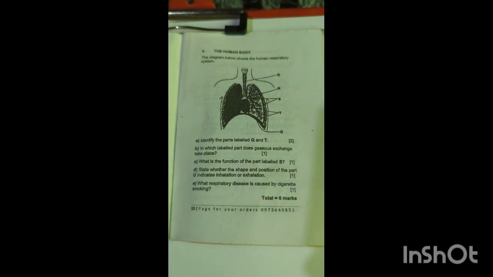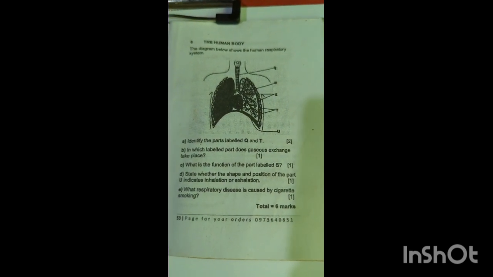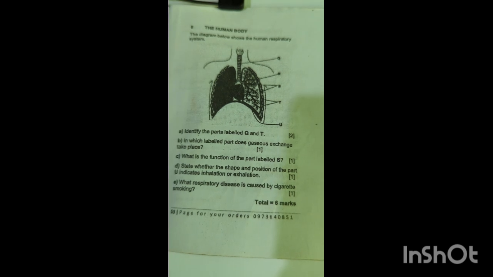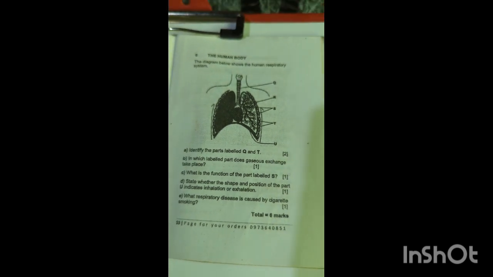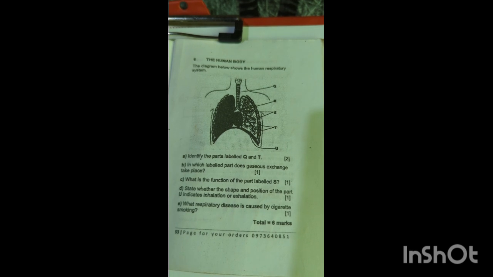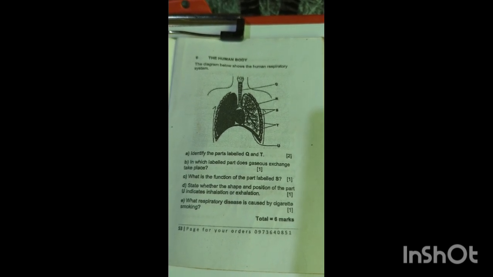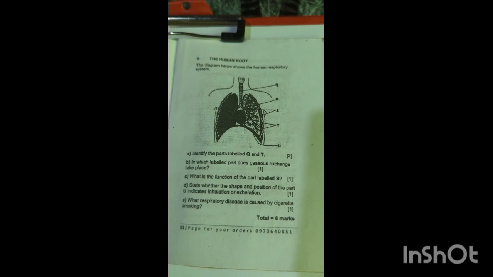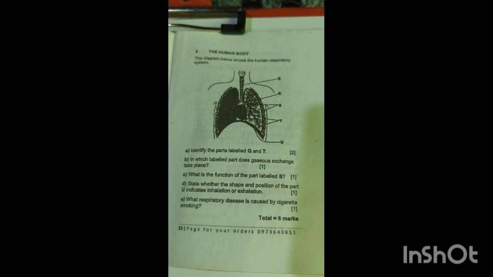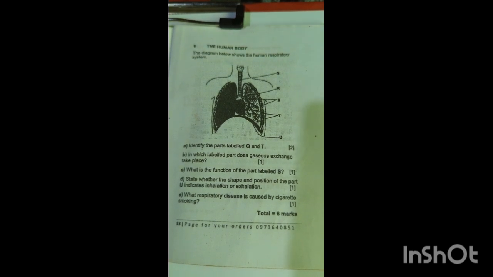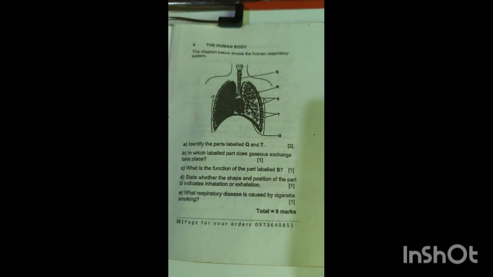Gaseous exchange takes place in part R. Then, what is the function of the part labeled S? S are ribs. The ribs have one big function, and that is to protect the lungs from injuries.